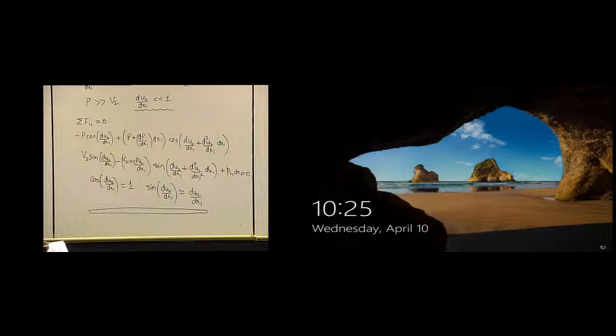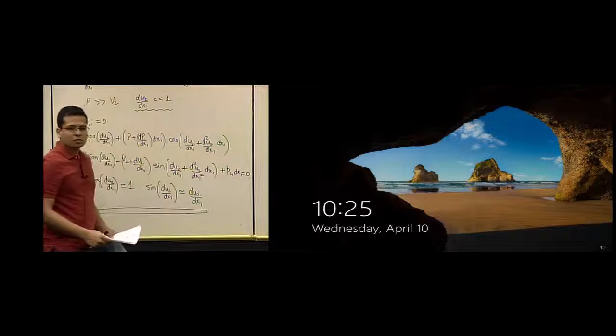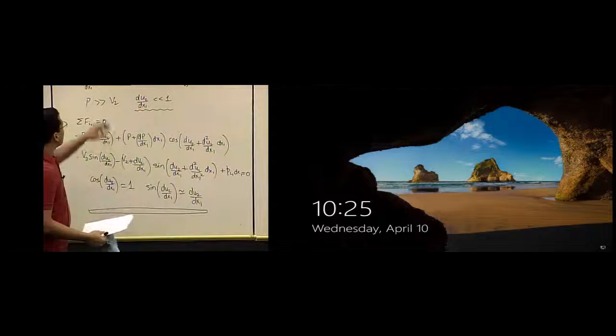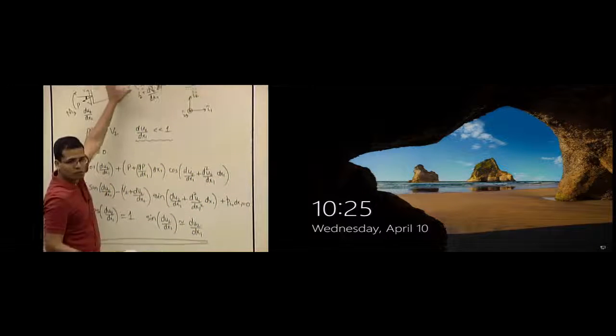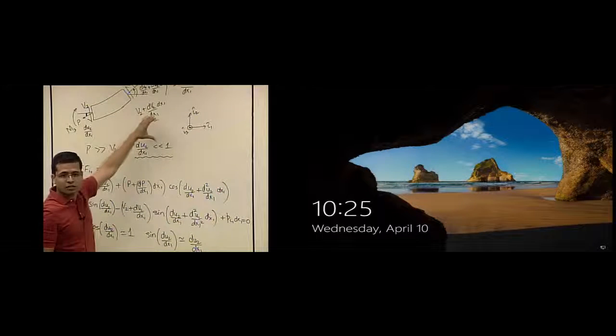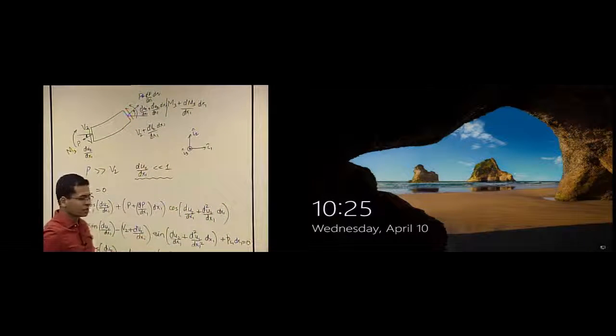So that's little p now? Yes, that's the distributed load. That's the contribution of the distributed load on this element along I1. Because this is now curved, it's no longer along I1. So if it was just along I1, you would not see that component. Right? Okay.